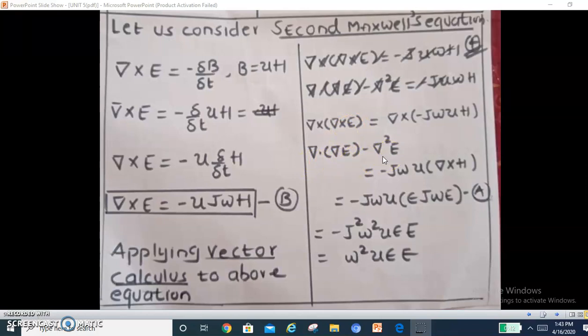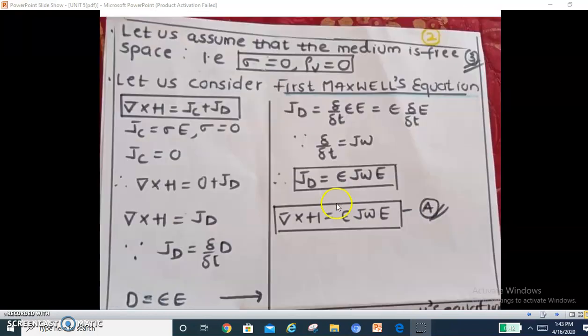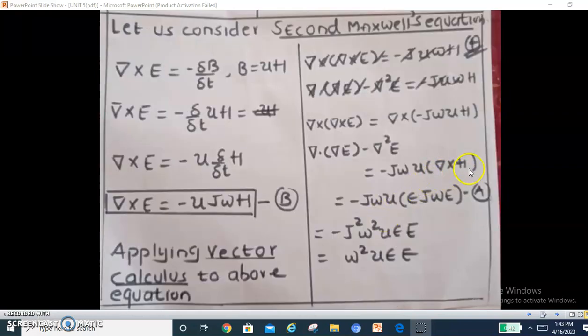In vector calculus we know that del cross del cross E is nothing but del dot del E minus del square E, which is equal to the right side part. The right side part is minus j omega mu into del cross H. As we know, del cross H is epsilon j omega E. So we can substitute del cross H as epsilon j omega E. Now we can observe that j into j is j square, which is minus 1, so it becomes plus.